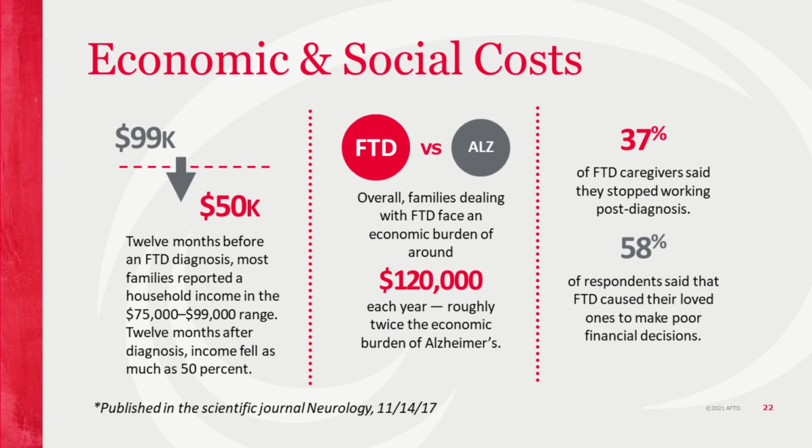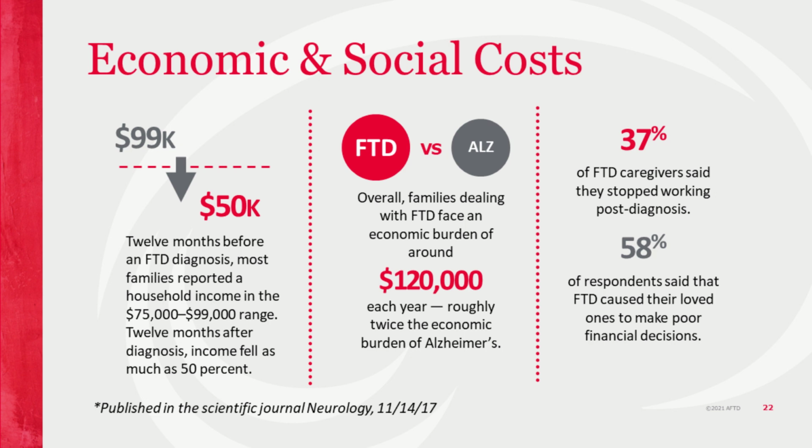Published in the Journal of Neurology in 2017, the study concluded that the average annual costs associated with FTD are roughly double those of Alzheimer's disease. Twelve months prior to diagnosis, overall household income ranged from $75,000 to $100,000, whereas 12 months after diagnosis, income declined to $50,000 to $59,000. And 1 in 3 caregivers had to stop working after a loved one's FTD diagnosis.